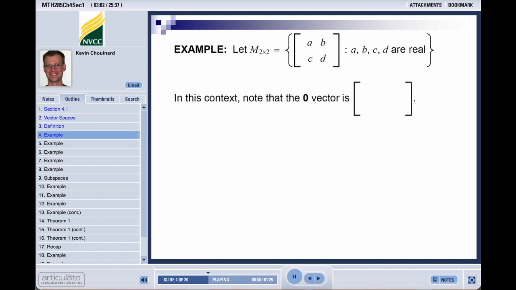When you multiply one of these matrices by a scalar, in the normal way you do scalar multiplication for matrices, it's going to satisfy the axioms of scalar multiplication. And matrix addition will be commutative and associative. You'll have a 0 vector that's the all-zero matrix.